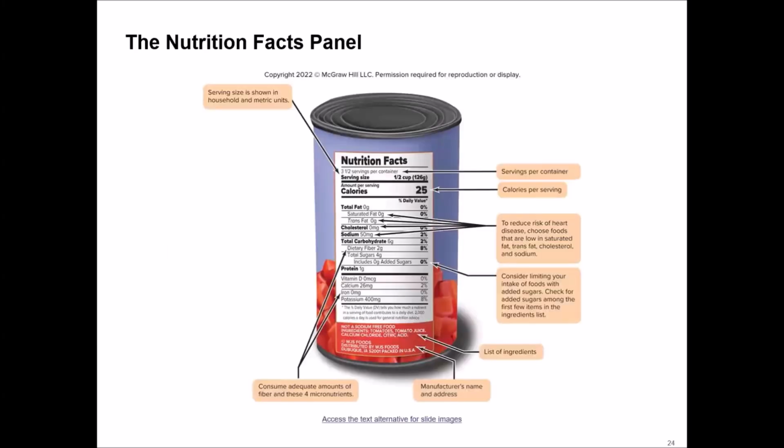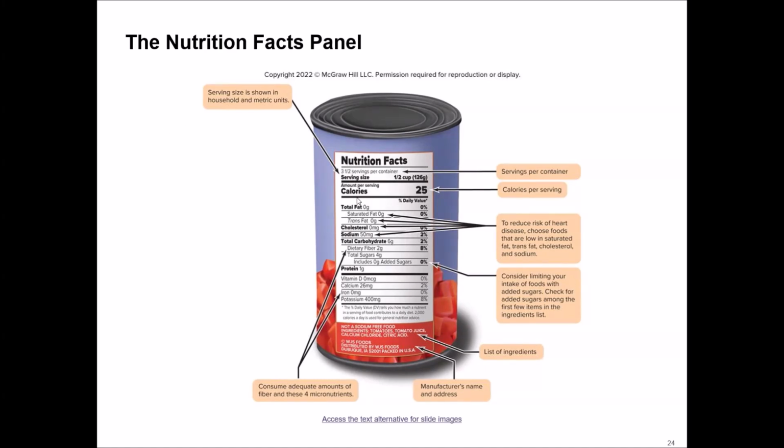So I know, like I said, everybody's seen something like this, but let me just go through. This is an example from your textbook. Looks like a can of tomatoes here. We'll look at what information is there. And then we're going to revisit this as we go through those nutrient chapters, and really look into especially those macronutrient categories. But this is a pretty standard type of label.